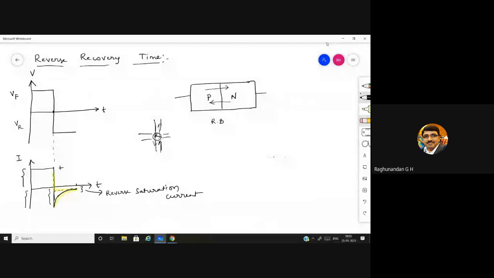During that time, some of the vehicles get stuck in the junction at the center itself, and they will try to move towards either end. They cannot come back, so obviously they will move forward. That is what we observe every day, right? Even though the red signal is there, just before the red signal is displayed, or just for a few seconds after the red signal, the vehicles keep on moving, because they have already left the border.